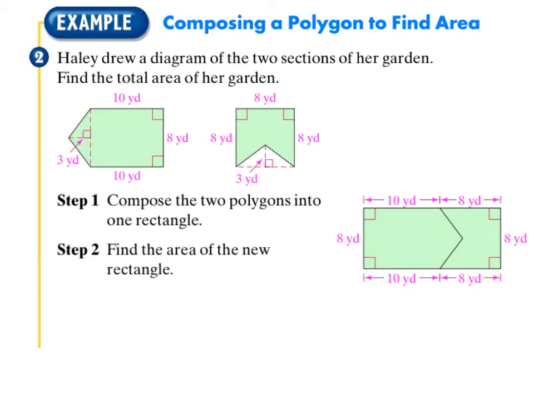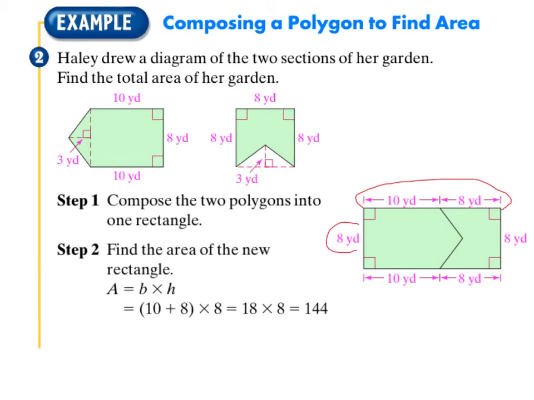So we're going to find the area of the new rectangle. So A equals B times H, because we're just doing the area of a rectangle, so base times height, or length times width, of the new shape. So 10 plus 8, because we have 10 plus 8 for our side, times 8 for our height.